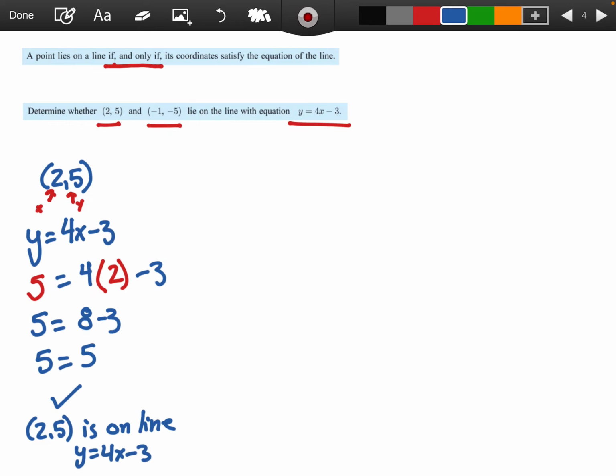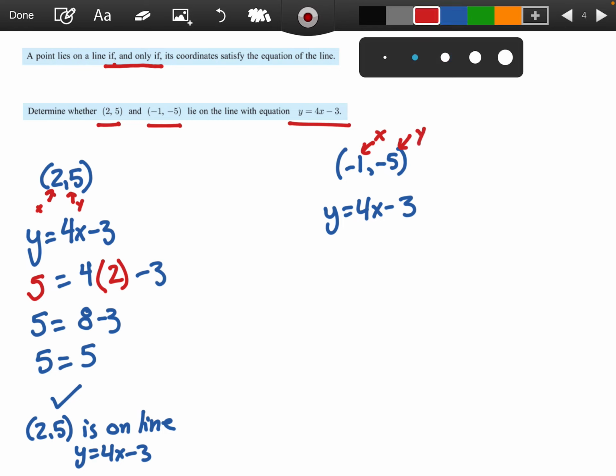It works. So let's look at (-1, -5). Again, start with your equation, y equals 4x minus 3. We're seeing if this point is on that line. This is my x, this is my y, so I'm going to plug those in.